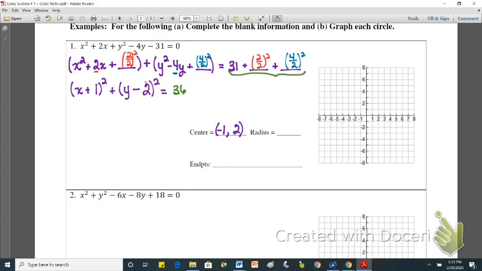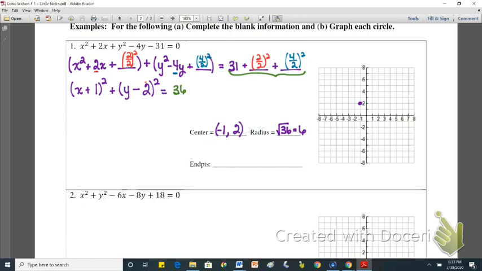My radius is square root of 36, which is 6. Notice when I take the square root of the number, the square root sign goes away. So our endpoints we're going to get as we're plotting them. So first thing I plot is my center, negative 1, positive 2. And now I'm going to go 6 every direction.